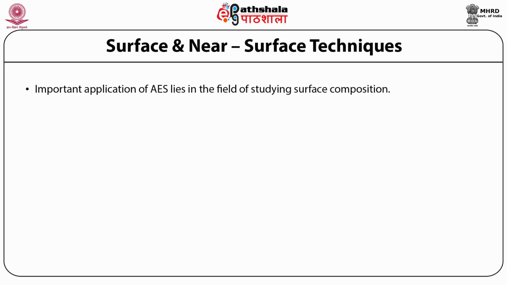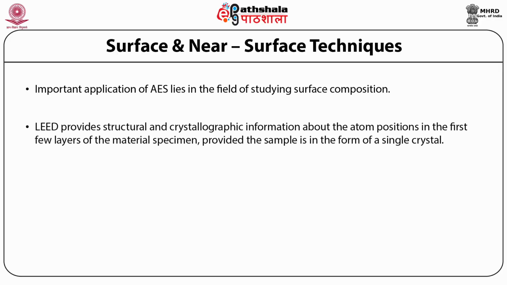An important application of AES, that is Auger electron spectroscopy, lies in the field of studying surface composition. LEED, that is low energy electron diffraction, provides structural and crystallographic information about the atom positions in the first few layers of the material specimen, provided the sample is in the form of a single crystal.